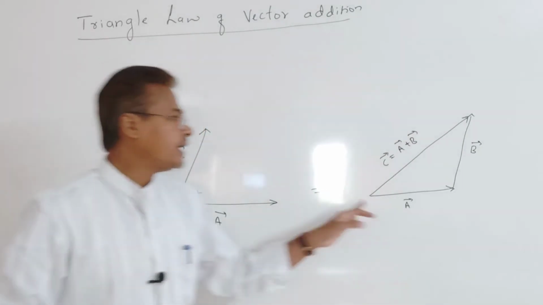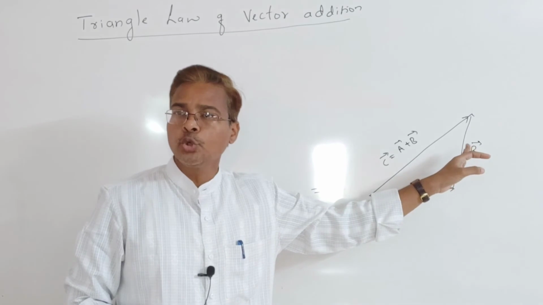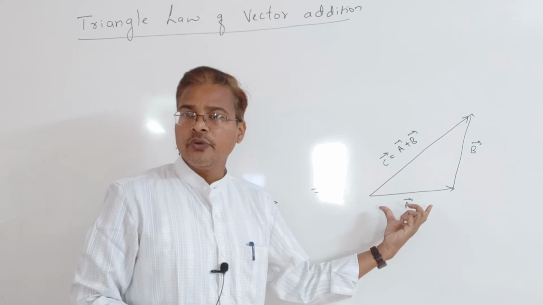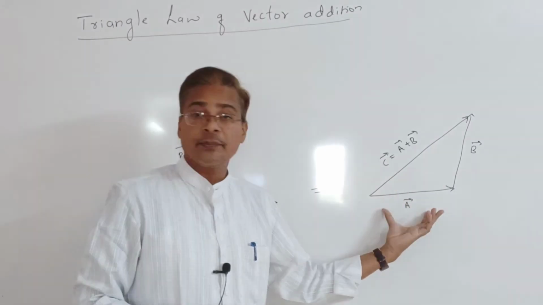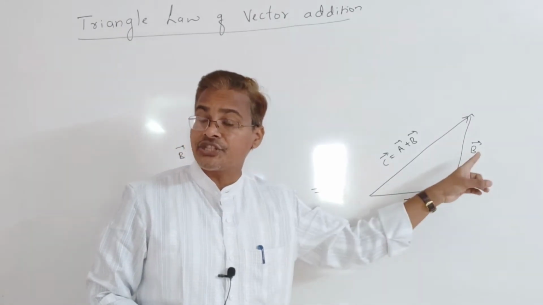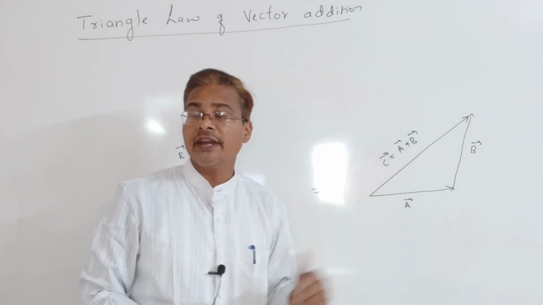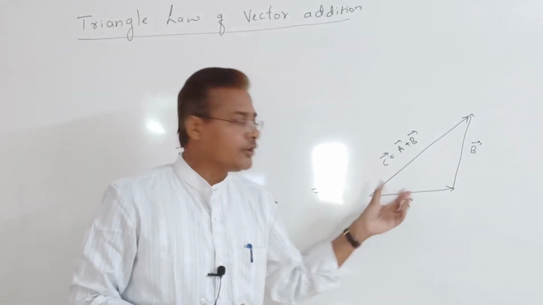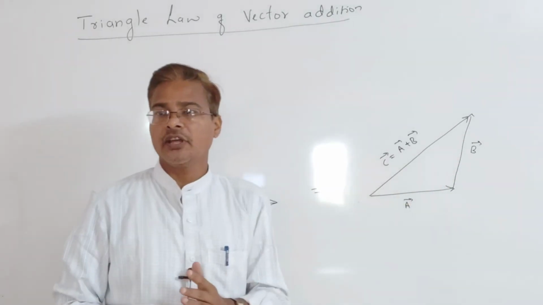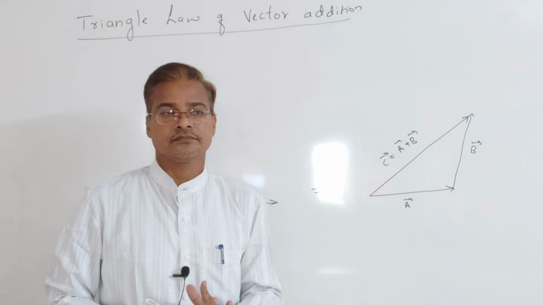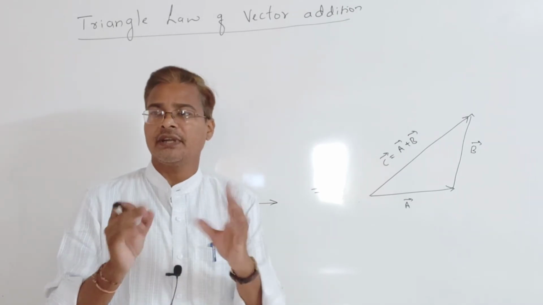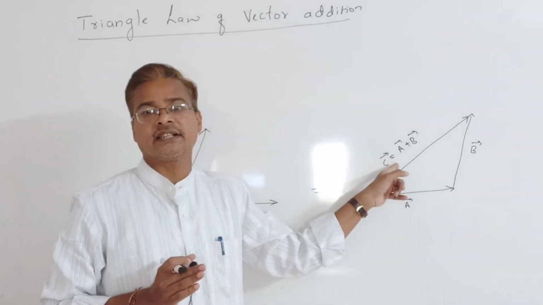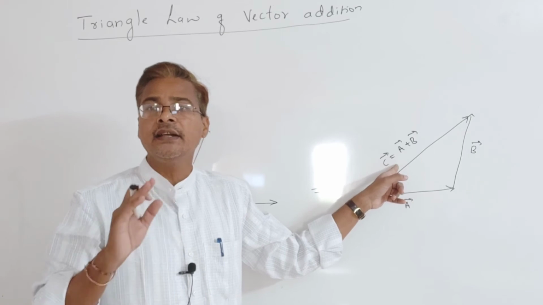So here, A vector and B vector, two vectors are there. If two vectors can be represented by both magnitude and direction by two sides of the triangle in order, in order means same direction, then the resultant, the C vector we have written, is the resultant vector.